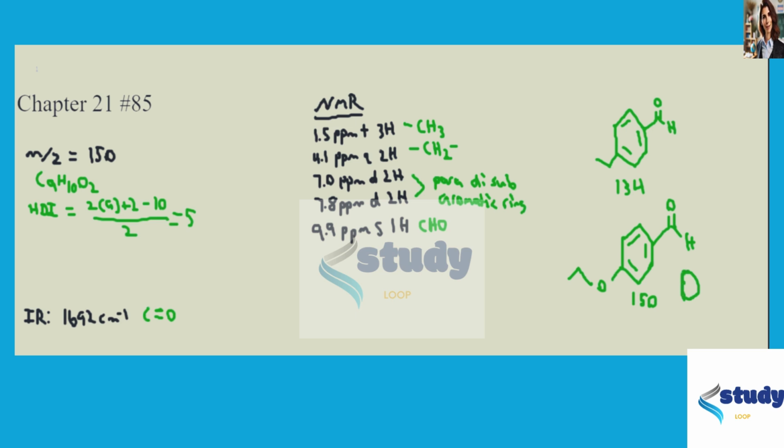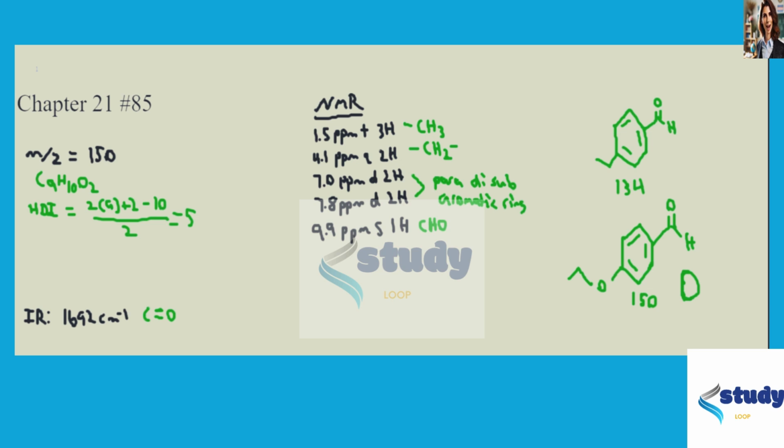And again, we could have gotten here by starting at the mass spec, guessing at formulas, plugging things in until we got to C9H10O2, and then doing the rest of the problem. But we have all the information that we need from the NMR.